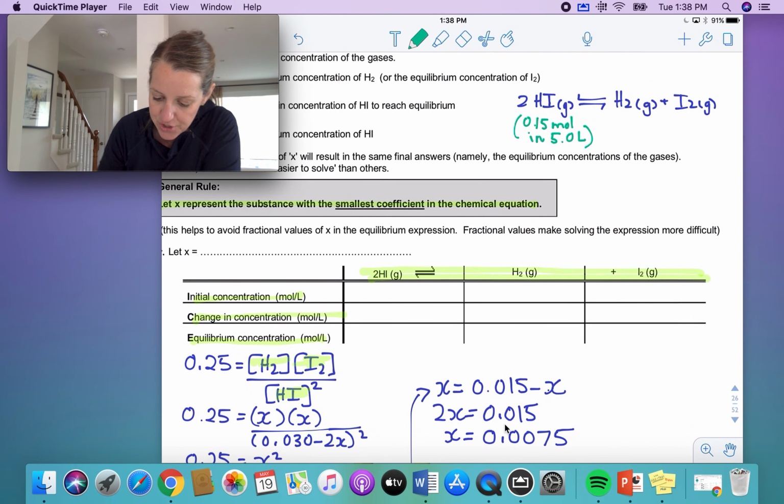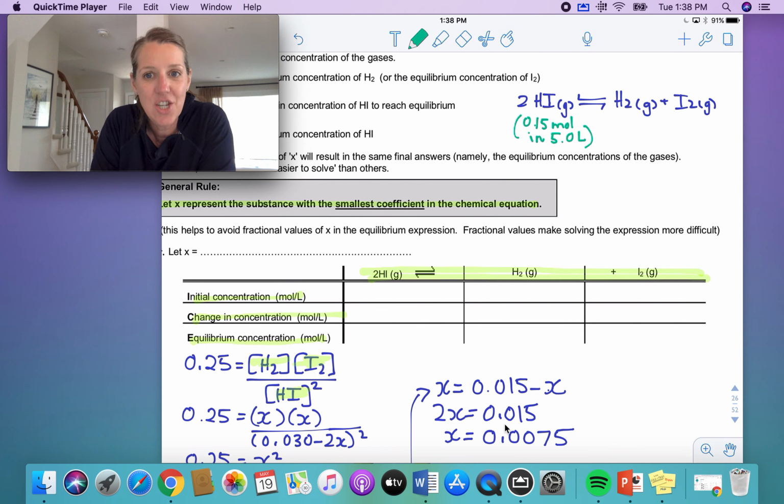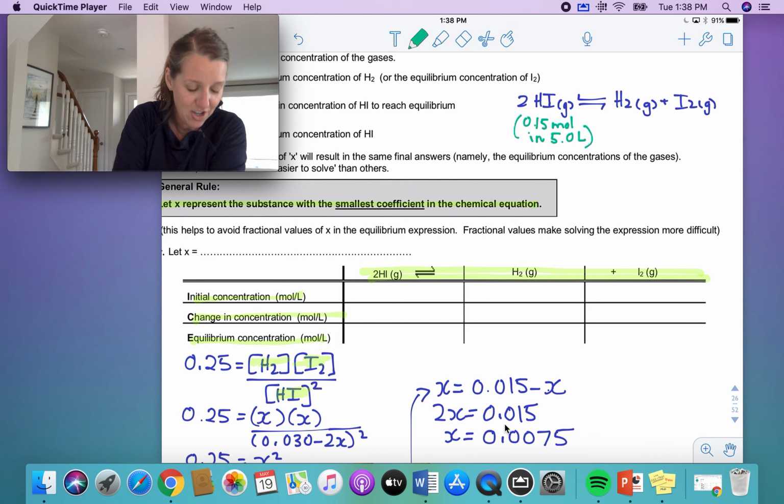Okay. Start off. What is the initial concentration? Well, it's telling us up in the question that we have 0.15 moles in 5 liters of HI. So we are starting off with an initial concentration of that colorless gas. And what is that concentration? You want to do that math quickly?